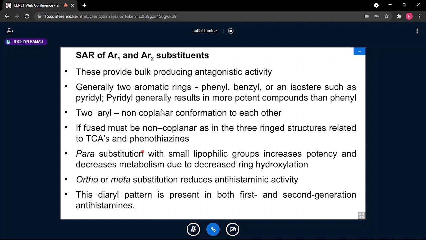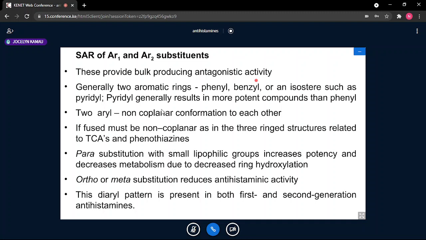Let us now look at those groups that we have mentioned. The first group is the two aromatic rings. They are bulky for sure, and these aromatic rings provide bulk, producing antagonistic activity. Remember, histamine has an imidazole ring, not very bulky.